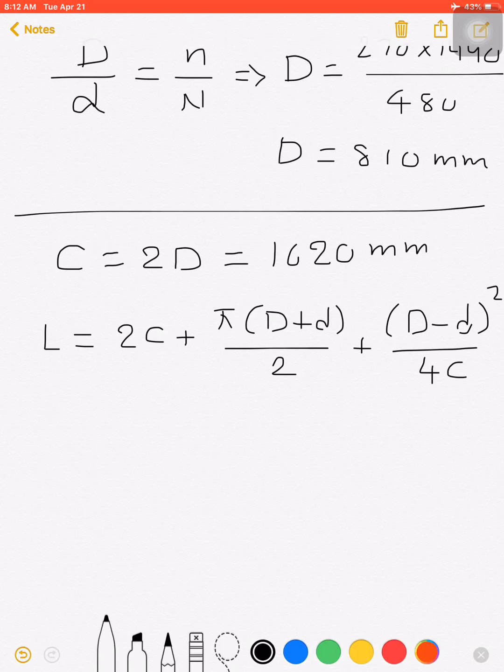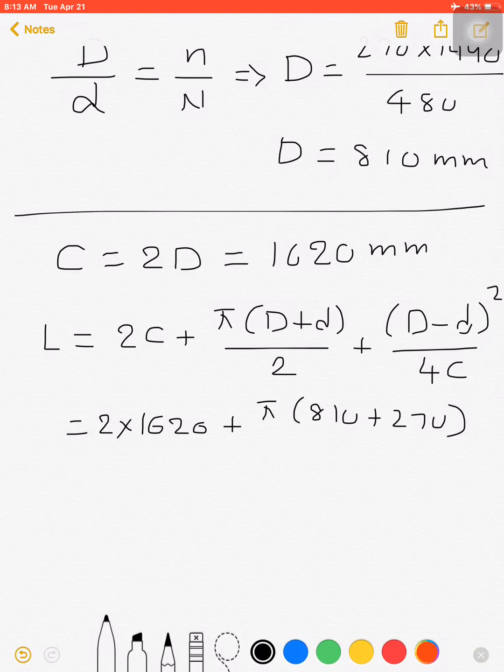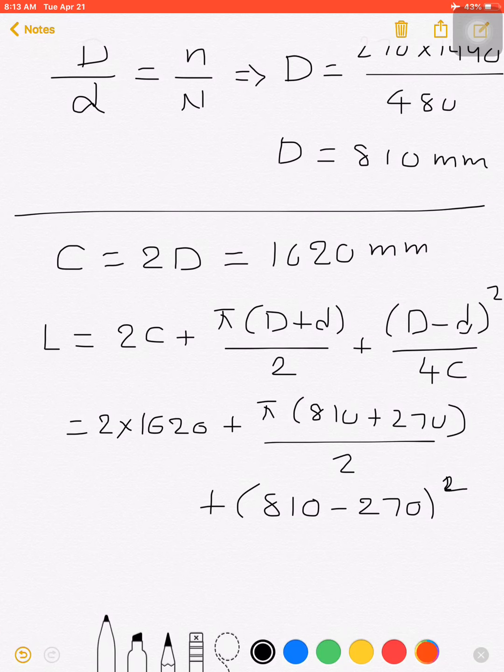If you substitute all the values, 2 into 1620 plus pi into (810 plus 270) by 2 plus (810 minus 270) whole square by 4 into 1620.